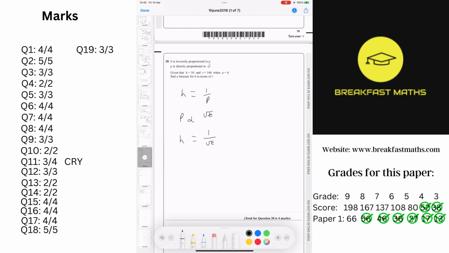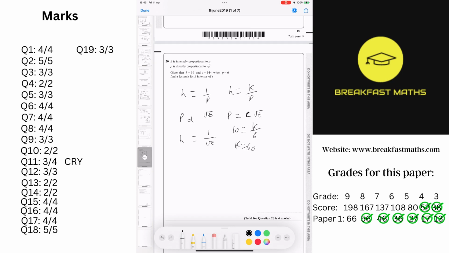Okay, so we obviously need constants here, so we're going to say h is k over p, and p equals, we'll do a different variable, c root t, just to show a different constant. For the first part, because we've got h and p, we're going to say 10 is equal to k over 6, p was 6, yep, so k is 60.